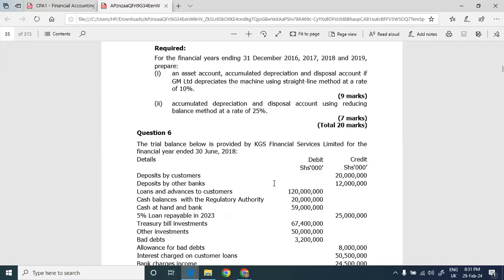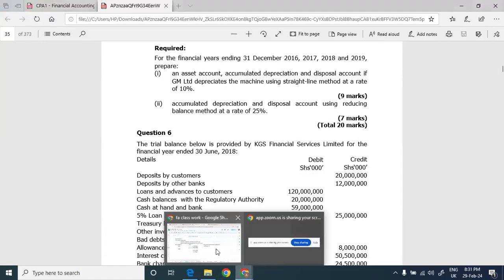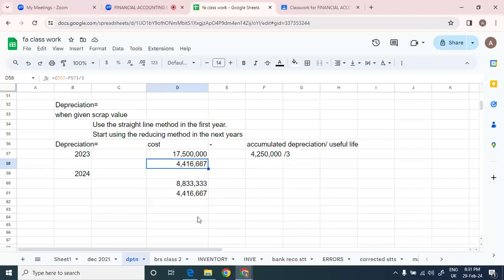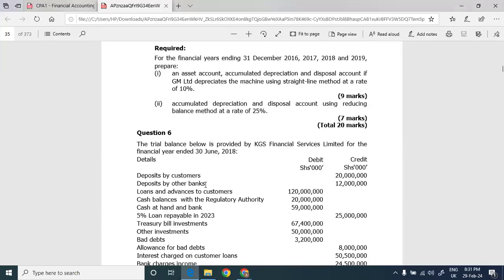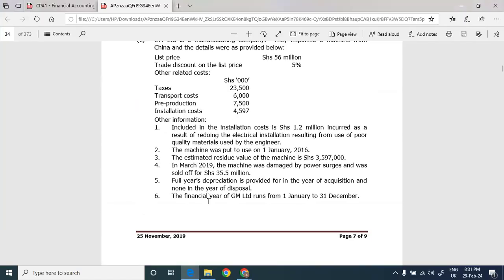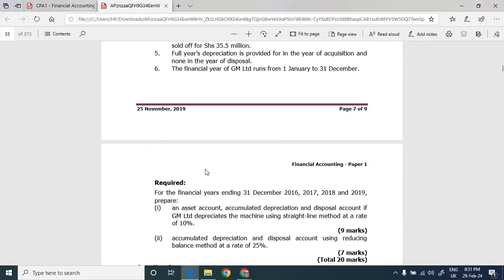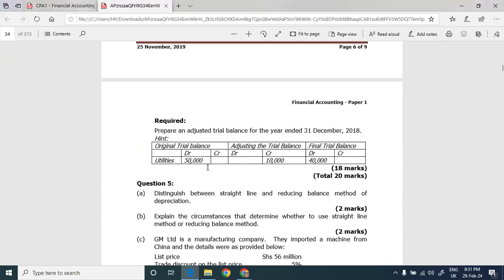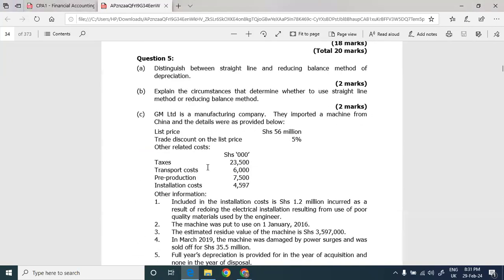So I would request you go through this question so that next time when we come, at least everyone has a hint and we see how we shall go on and finish depreciation.